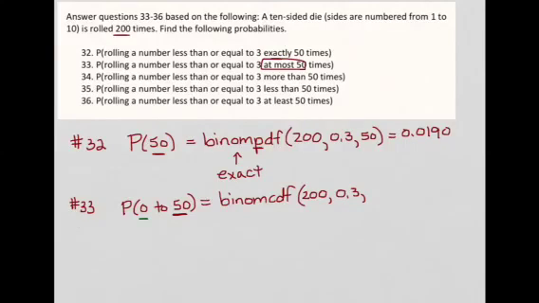The calculator will only calculate the probability of 0 to a particular number of successes. So in this case, we do have the range of values starting at 0. So I go ahead and type in 50, and I get 0.0695.